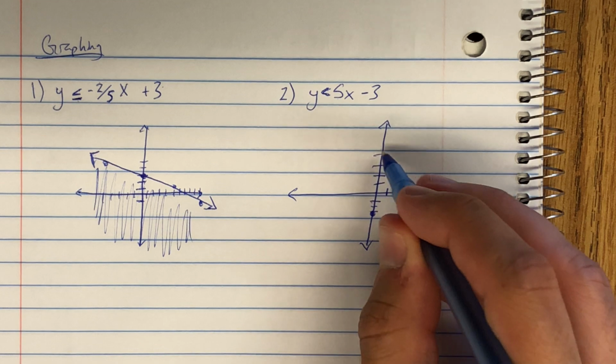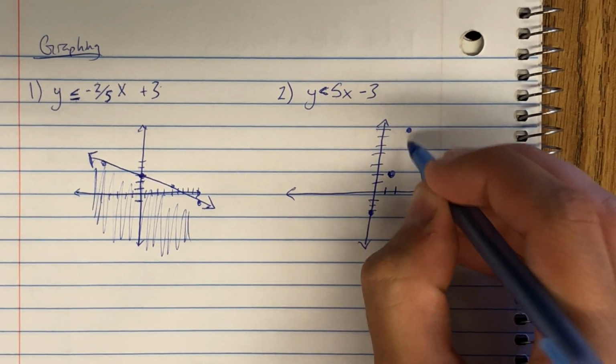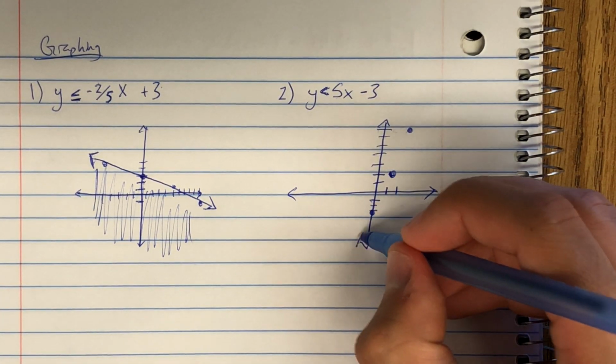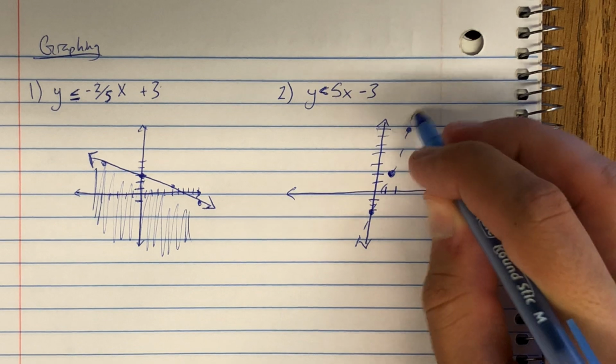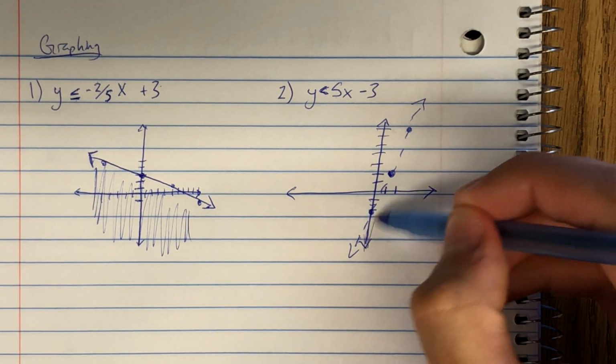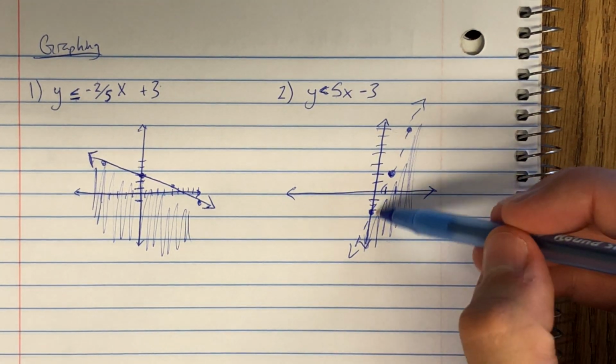Up 5 over 1. Okay, 3 points should be enough. We are less than, not equal to, so we should have a dashed line. And since we are less than, we shade below the line. So notice again, not left and right, it's always above and below.